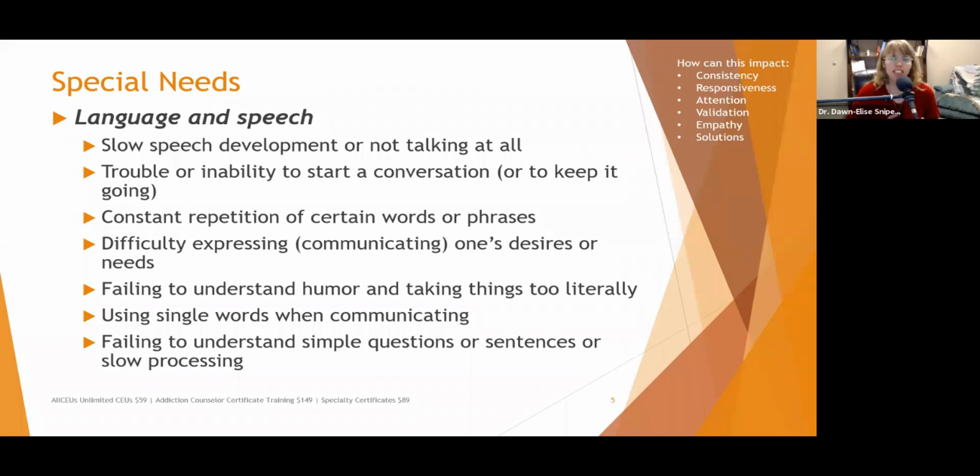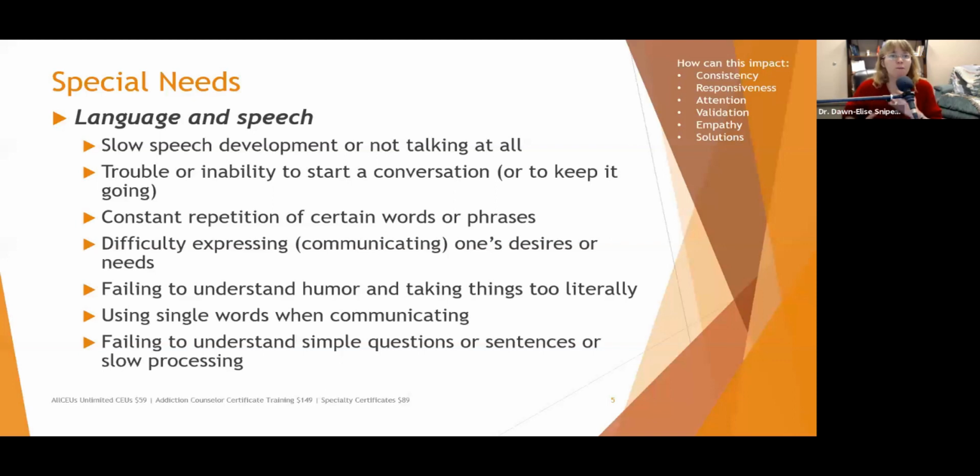They may use single words when communicating instead of full sentences, and fail to understand simple questions or sentences, or have slower processing. At home as well as at school, it's important for caregivers to give someone who is on the spectrum more time to process what's been said to them, so they can take it in, manipulate it, and understand what's been said.